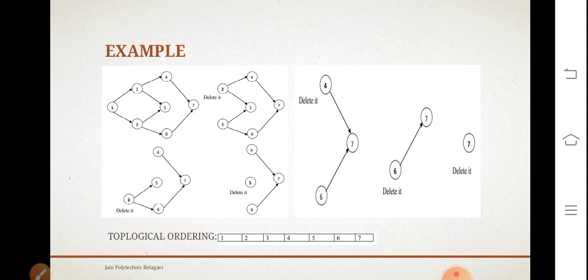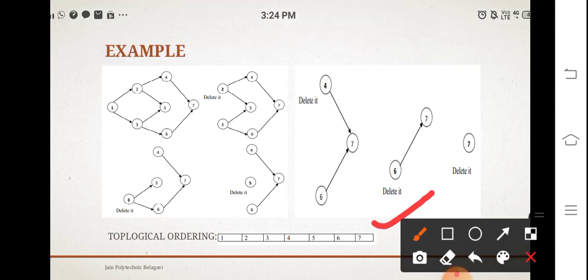Then for example, we have here 1, 2, 3, 4, 5, 6, 7 vertices in the digraph. So 1 is pointing to 2, 2 is pointing to 4 as well as 5, and 1 is pointing to 3. So we are following the topological sorting method, and we are getting this topological sorting order.